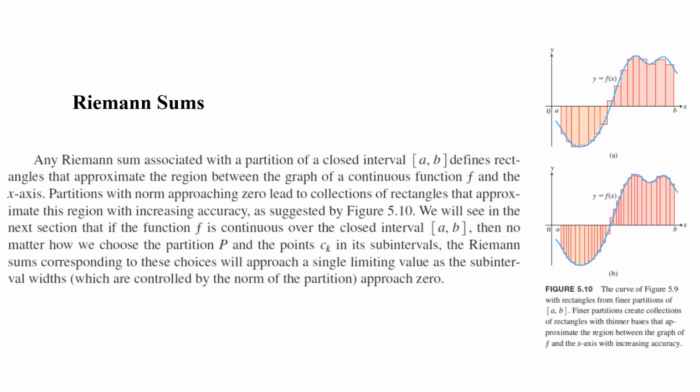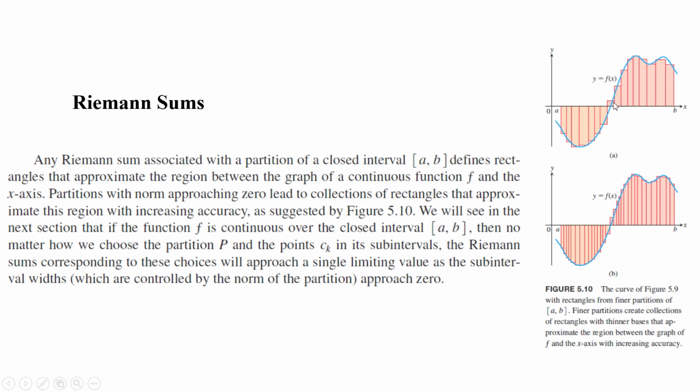Okay, a Riemann sum associated with a partition of a closed interval [a, b] defines rectangles that approximate the region between the graph of a continuous function f and the x-axis. Partitions with norm approaching 0 lead to collections of rectangles that approximate this region with increasing accuracy, as suggested in figure 5.10.